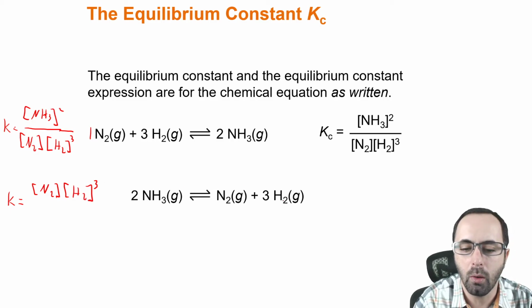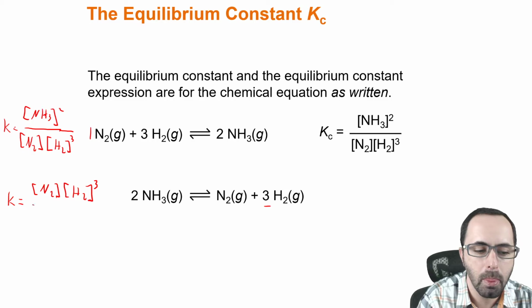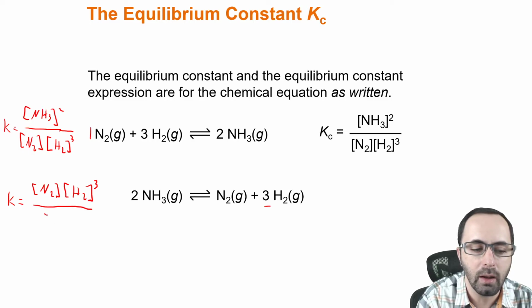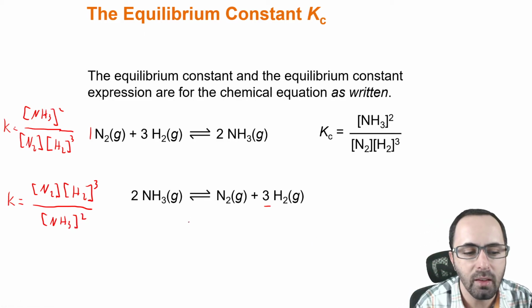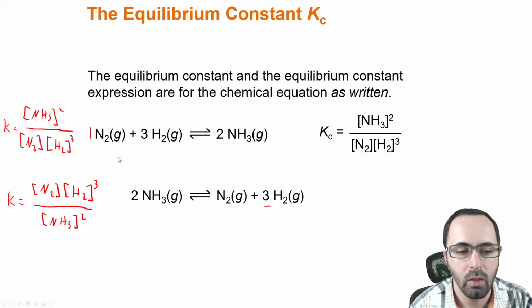We would cube that one because of the 3 here. And then we divide by the reactants, the ammonia squared. But what you'll notice is that this equilibrium constant is just flipped.